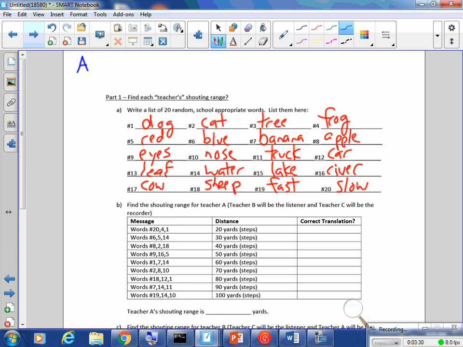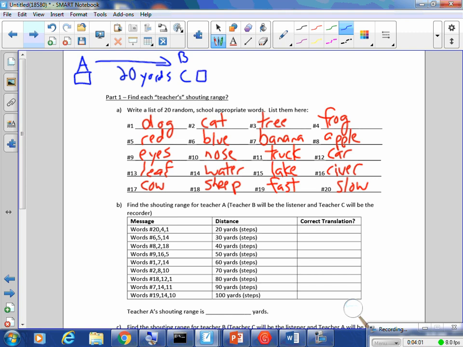So here you have teacher A, and then 20 yards out, which can be measured by 20 big steps, you have teachers B and C. Again, B is the listener, C has the clipboard.